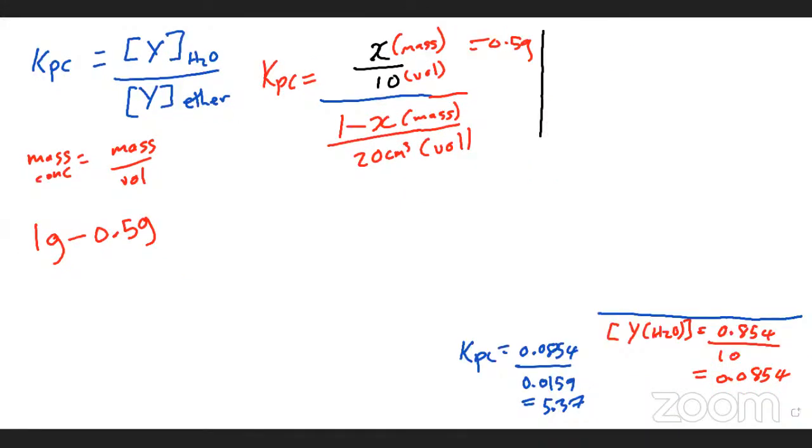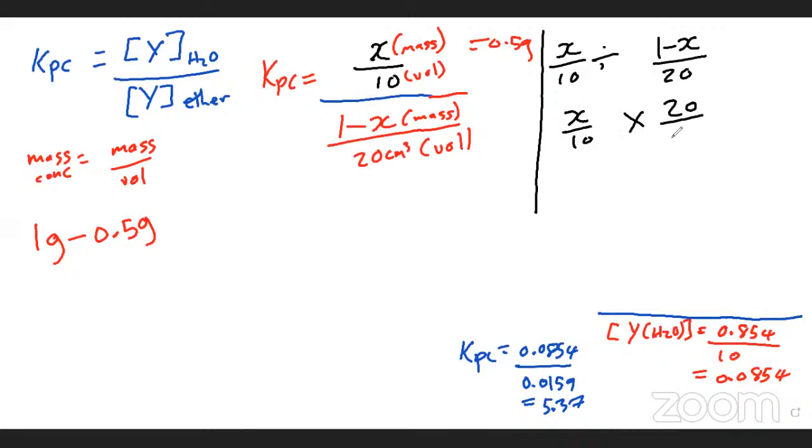So X over 10, you have your division line. So x over 10 divided by 1 minus x divided by 20. Just like with fractions, x over 10 times 20 divided by 1 minus x.